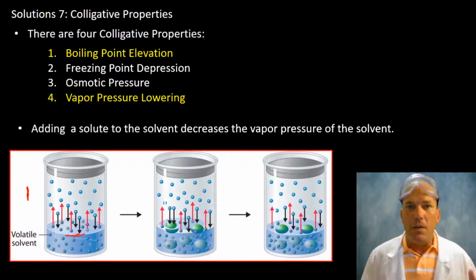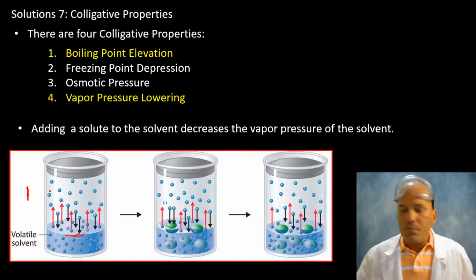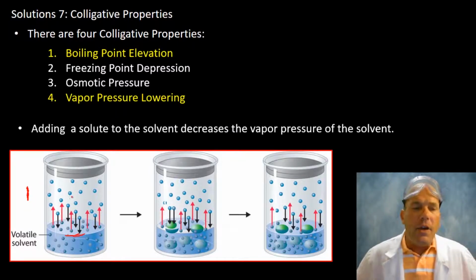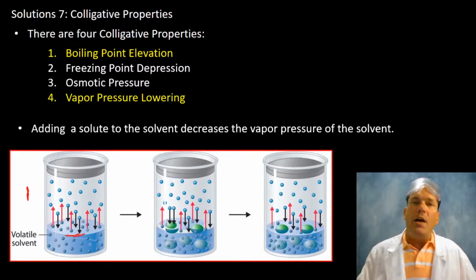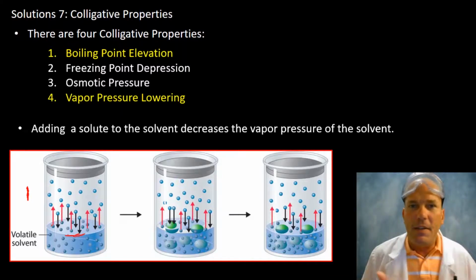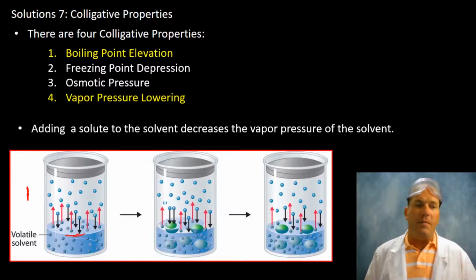That's really what these are all about, these phase changes. So this diagram is showing gaseous particles and liquid particles, and it's showing particles that are escaping into the gaseous phase and those that are re-entering into the liquid phase.